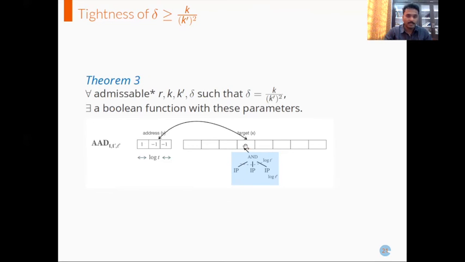Previously, we replaced target bits by ANDs. Now we are going to replace target bits by AND of inner product. If you set these arities appropriately, we can obtain a function which matches the bound delta equals k by k prime square.